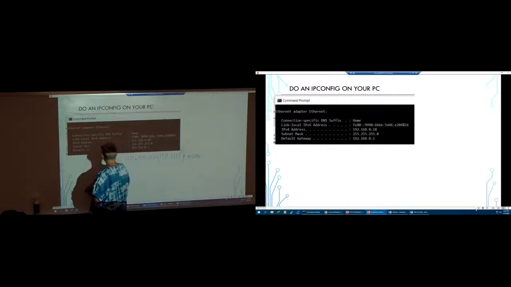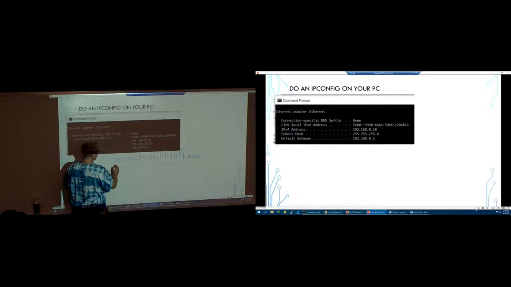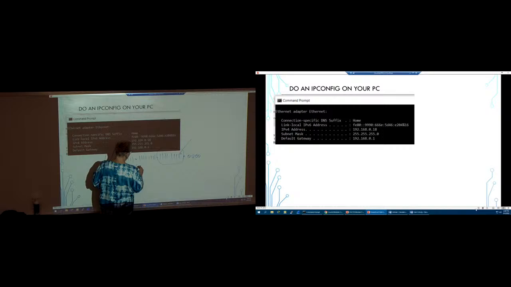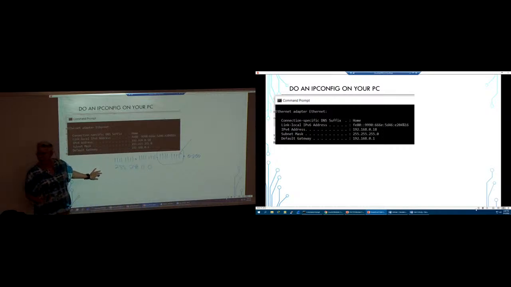So let's see. What if I have 255.240.0.0? What octet is the last network bit in? Right? So we just want to start thinking about where the last network bit is. So if I give you 255.248.0.0, how do I write 255?